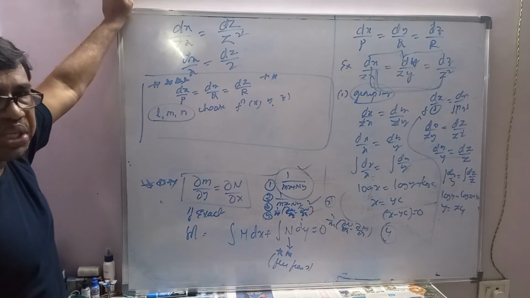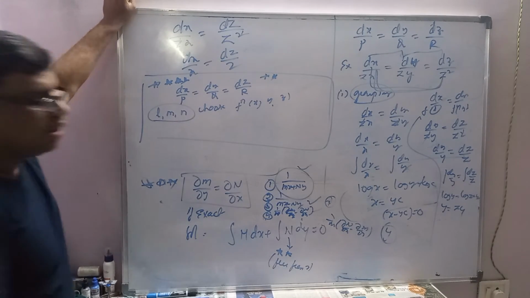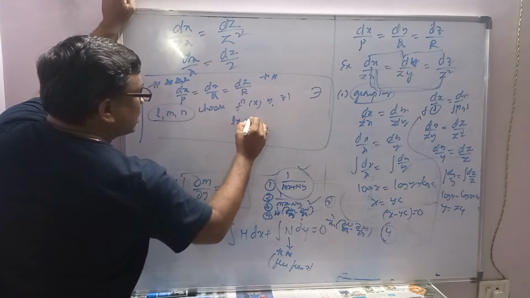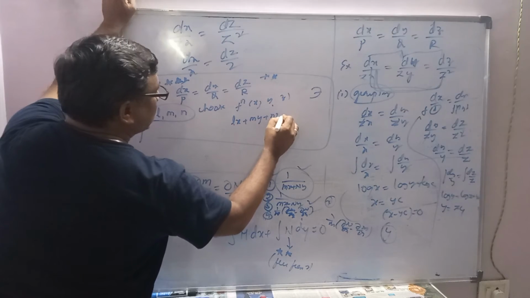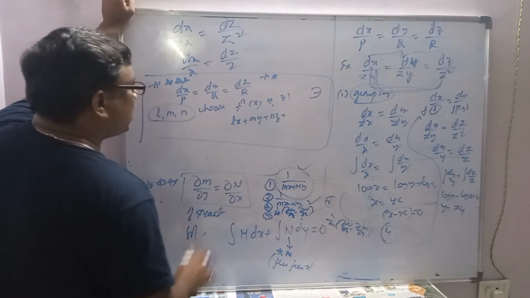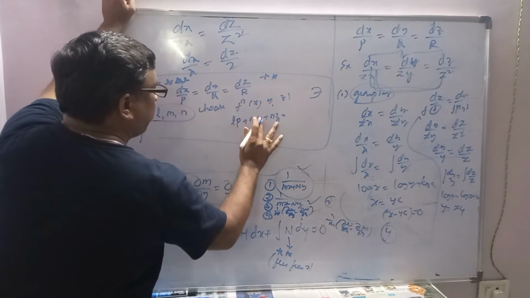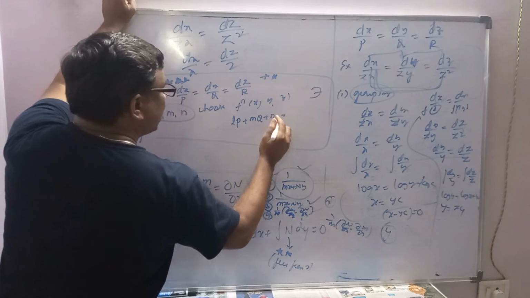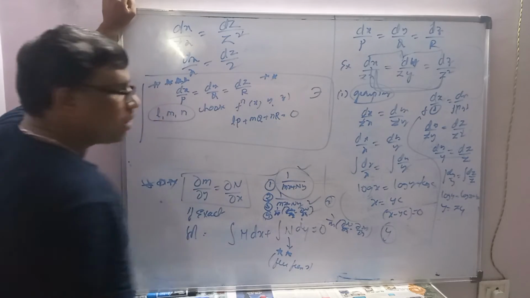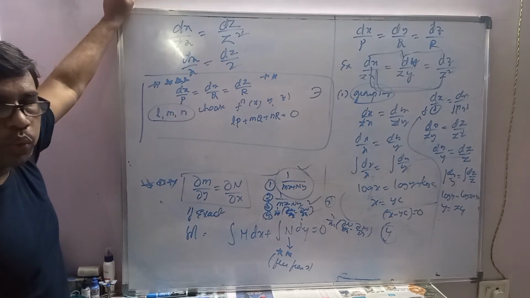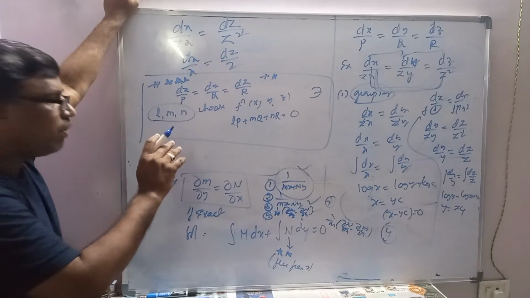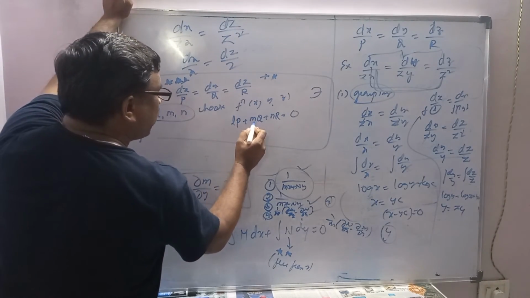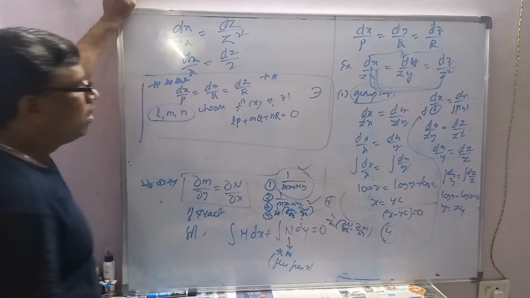We have to choose L, M and N such that LP plus MQ plus NR is equal to 0. We have to choose the functions L, M and N such that LP plus MQ plus NR is equal to 0.